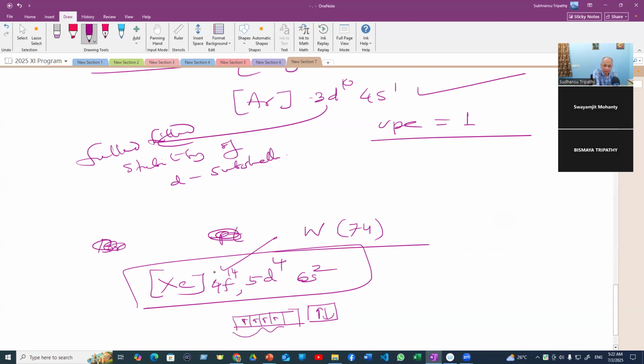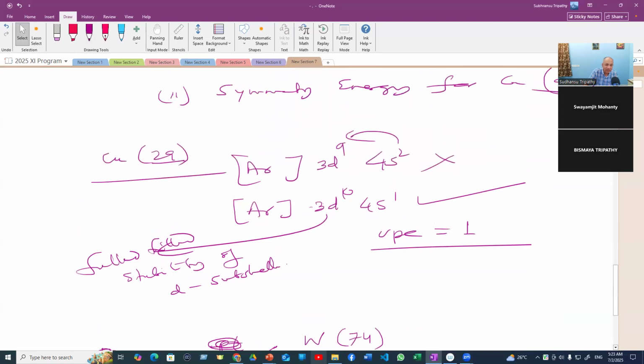You might be thinking of asking a question because here you also find the d is one sort of half filled. Why not then one electron will come here like chromium to make it 5d5 6s1? Doesn't happen.